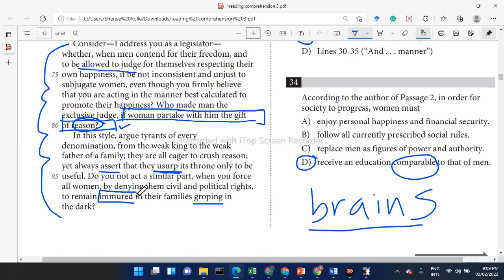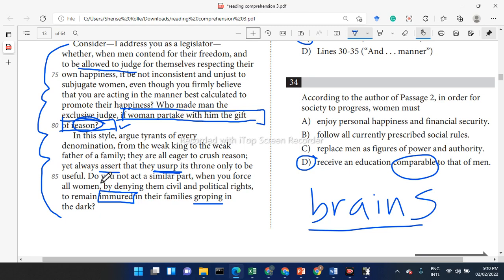I had one question. Go ahead. Read above 85. It says they are all eager to crush reason, yet always assert that they usurp its throne only to be useful. What do you mean? They're trying to say that the only time they use reason is for their own good.